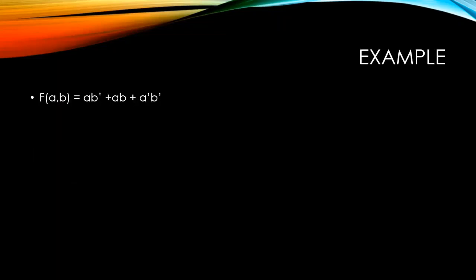Okay, so for example, we have the function f(A,B) = AB' + AB + A'B'. So we're going to follow this order, A, B. So it means for me, I'm going to use A for my row, B for my column. Okay, so how many inputs? 2.